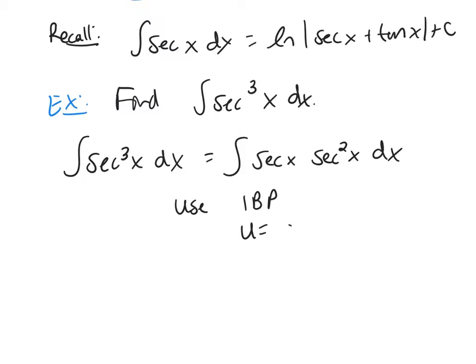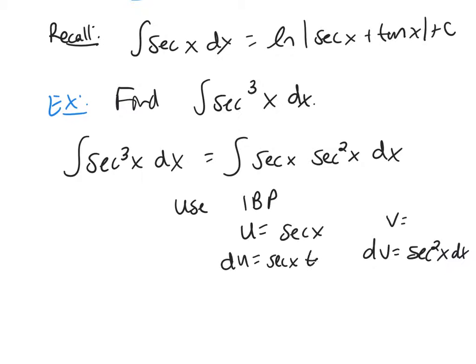So my u will be secant x, my dv will be secant squared. So secant times tangent, and then the integral of secant squared is tangent. Go across and down.